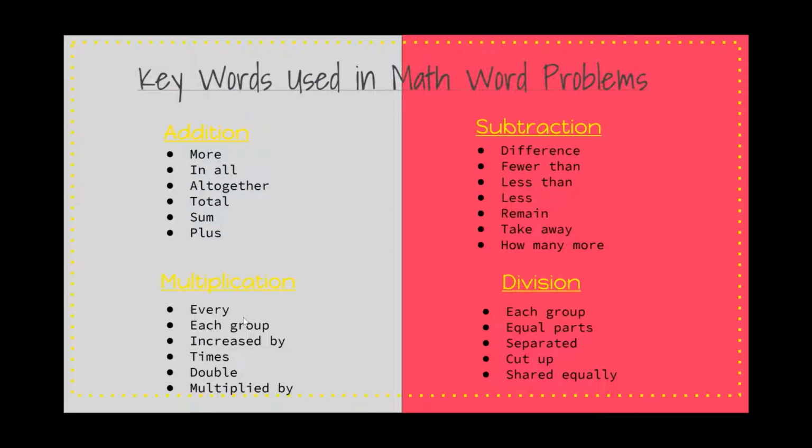And when we see division word problems, words will be used such as each group, equal parts, separated, cut up, or shared equally. Now, one of the steps to follow is to use keywords in your word problems. So if you're going to pick an addition or a subtraction word problem, you can go to this list and you can pick some of the words that you want to use in your word problem.